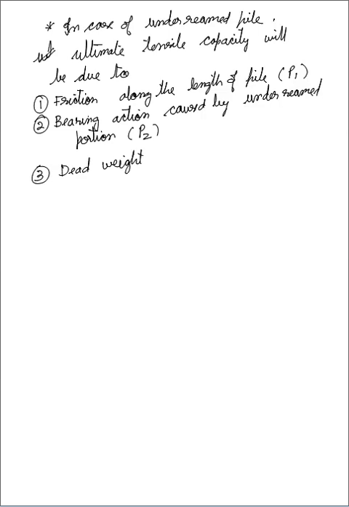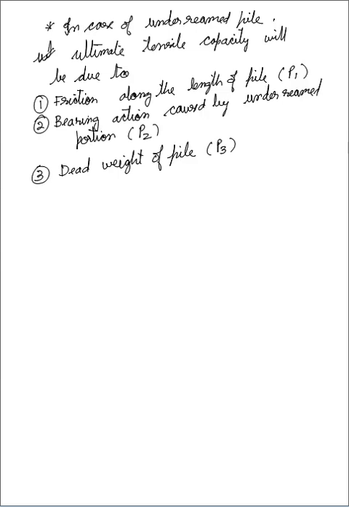Remember these three factors which are responsible for ultimate tensile capacity of the pile. Dead weight of the pile, let me write P3. Basically dead weight of pile P3 is constant, whatever will be the dead weight, that we have to accept.